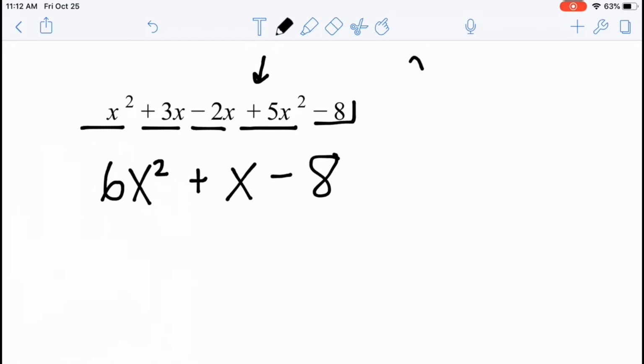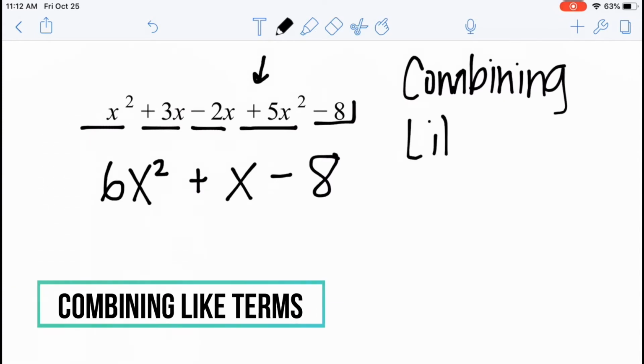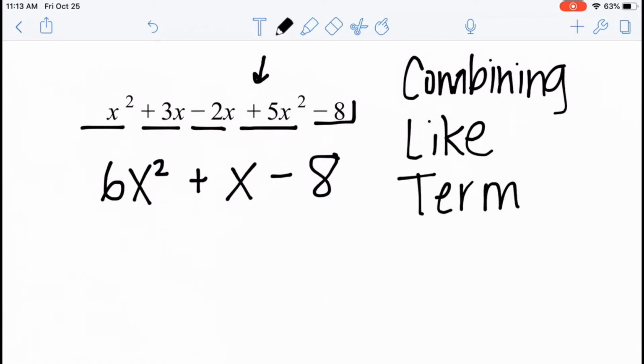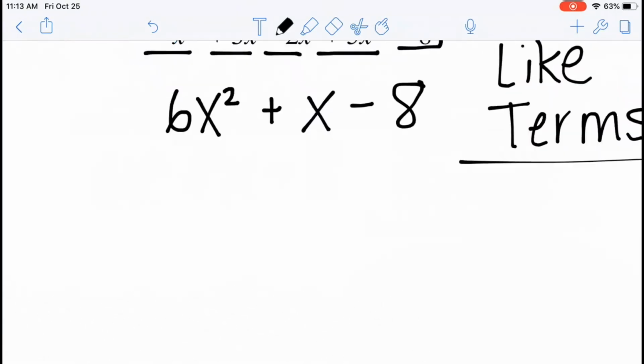And this is called combining like terms. Okay? We're combining like terms. So we're going to do one more together, and then I want to give you a chance to try it out.